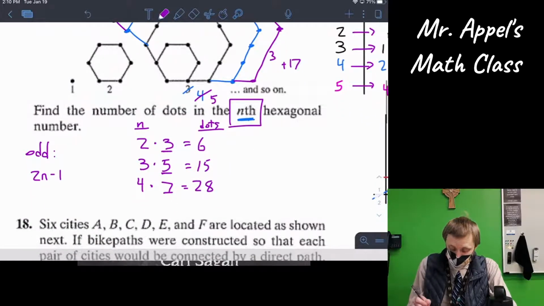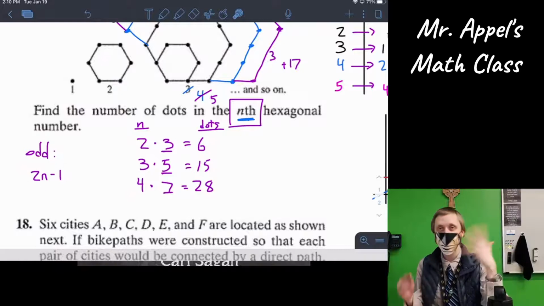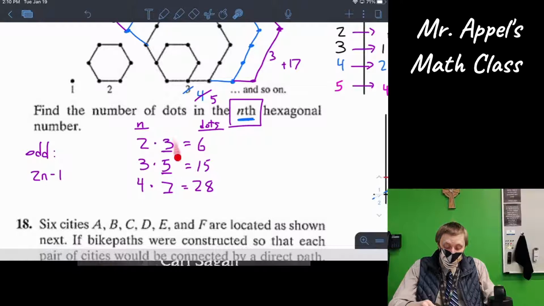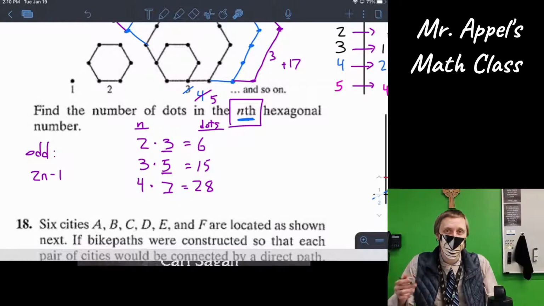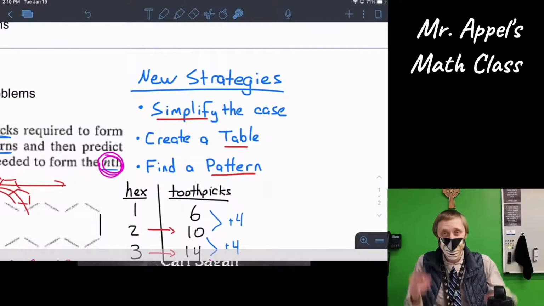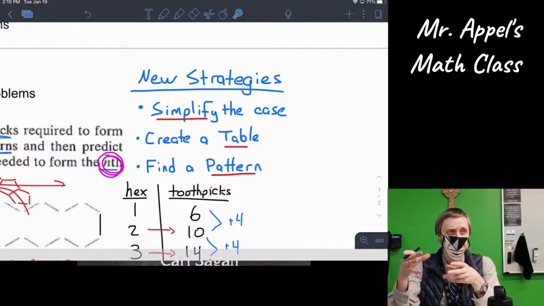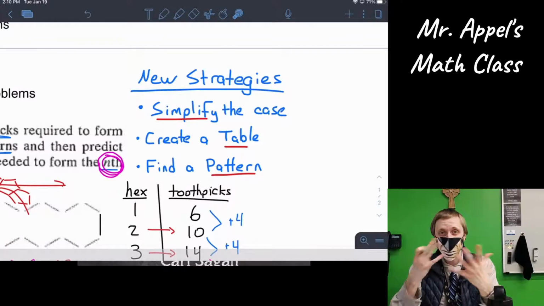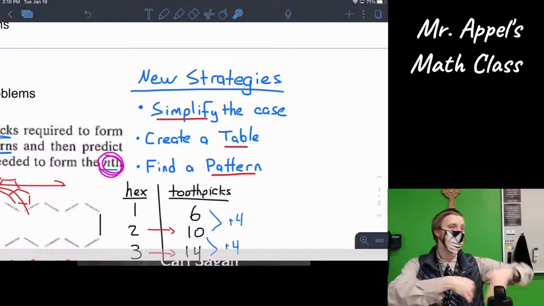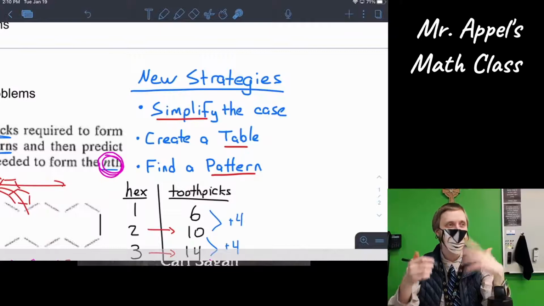Perfect. If you don't already have this in your memory bank, that's fine. It just means you have a new pattern you need to first discover the formula for. Talk about simplifying the problem. You found a smaller problem within your problem that you need to solve first. The difference is experience with not just problem solving, but with arithmetic, with algebra, with geometry, rules and formulas and relationships.